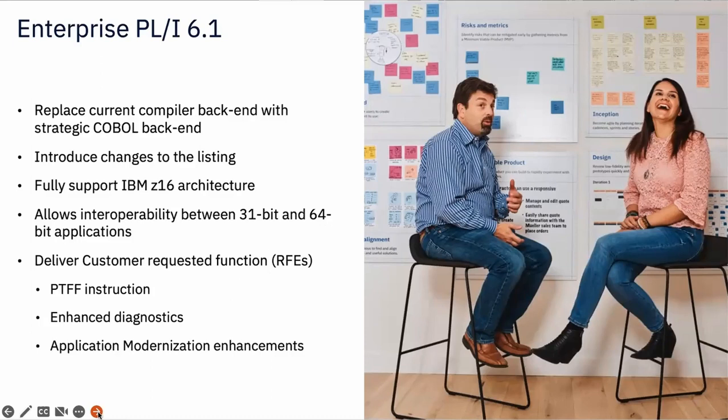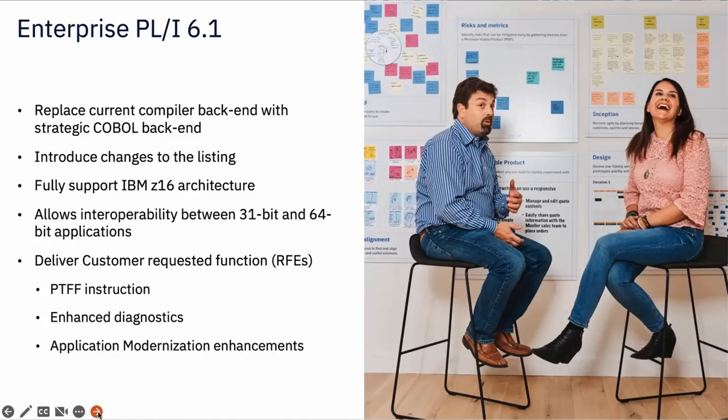The latest release of PL1 is 6.1, and we actually replaced the compiler backend. If you look at the compiler, you basically see two big boxes. One is the front end, which deals with syntax and semantics, and the back end that deals with code gen optimization. So we replaced the back end for PL1 with the strategic COBOL backend.